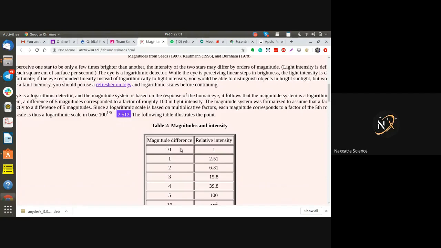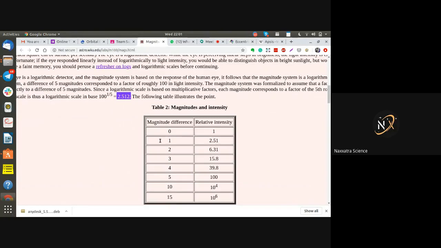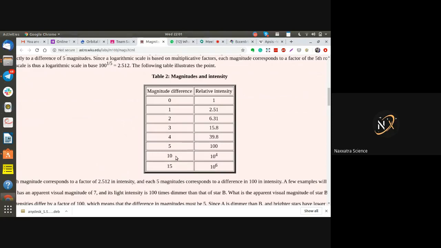So if a star has a magnitude 0 and another star has a magnitude 1, the difference in relative intensity is 2.51. But a 10th magnitude star is 10,000 times dimmer than a 0 magnitude star. A 15th magnitude star is 1 million times dimmer than a 0th magnitude star.